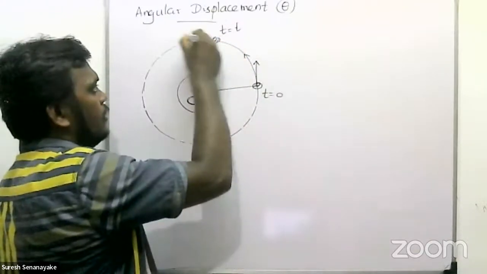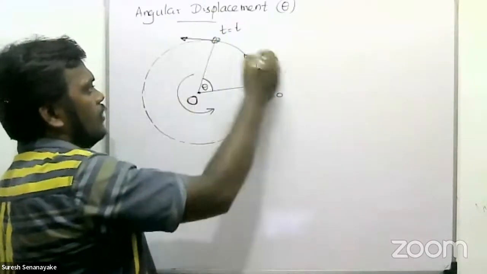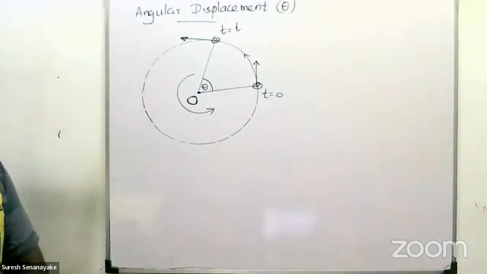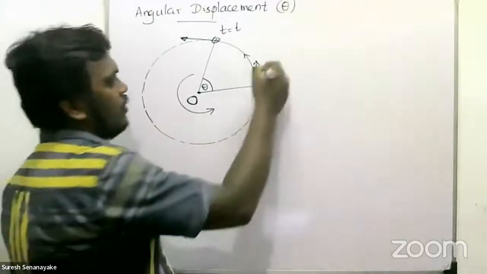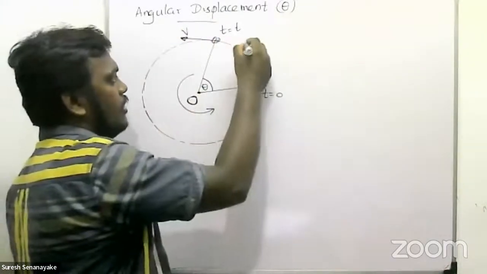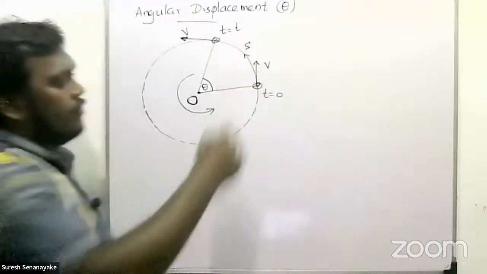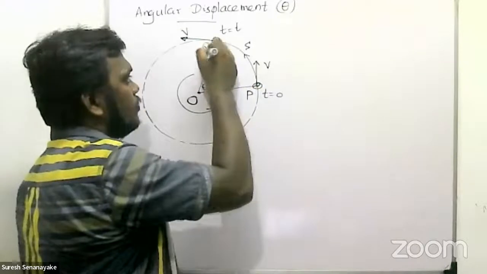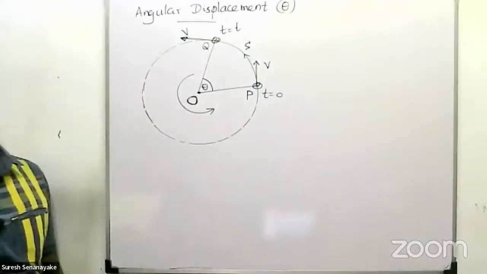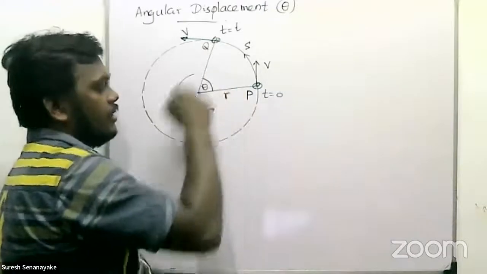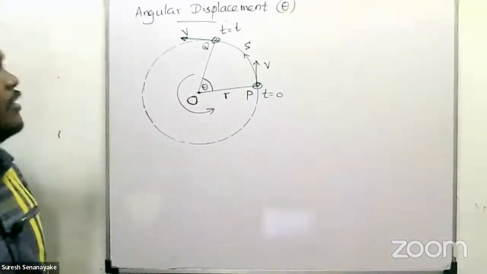Draw the tangent. Velocity has a direction, so it is moving with constant speed. The v is along this direction. The displacement here is from, let's say, this point P to Q. And the radius is r, then it makes an angle theta during this motion.